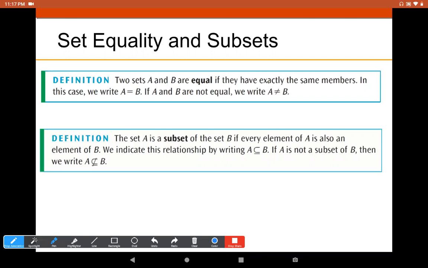If A is not a subset of B, then we write A is not a subset of B using that C-shaped symbol with the line underneath, but then we slash it out, we cross it out.